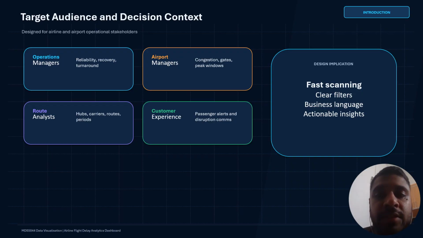Route analysts need to compare carriers, airports, and operating periods. Customer experience teams need to anticipate disruption and communicate clearly with passengers. This means dashboards must be fast, interactive, and easy for non-technical users to interpret.